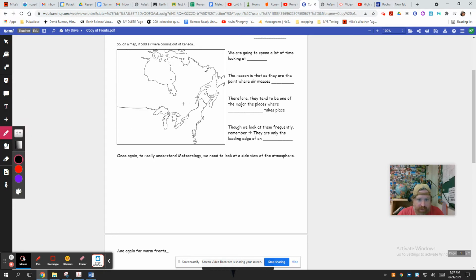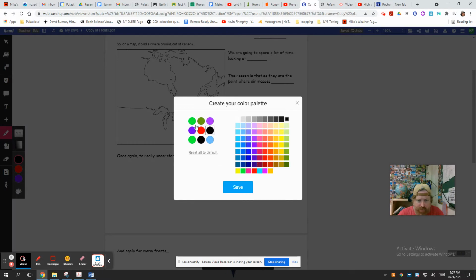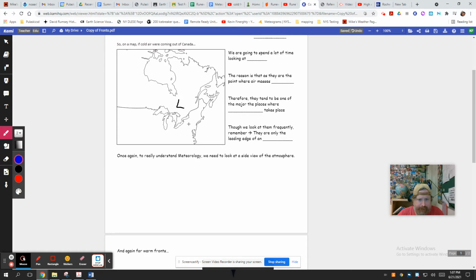So if we, from the last notes, borrow the idea that maybe there's a low pressure system up here, what's going to happen? Let's even do the right colors. Is that we'll have a cold front. And this is what's going on right now, if you're watching this today.